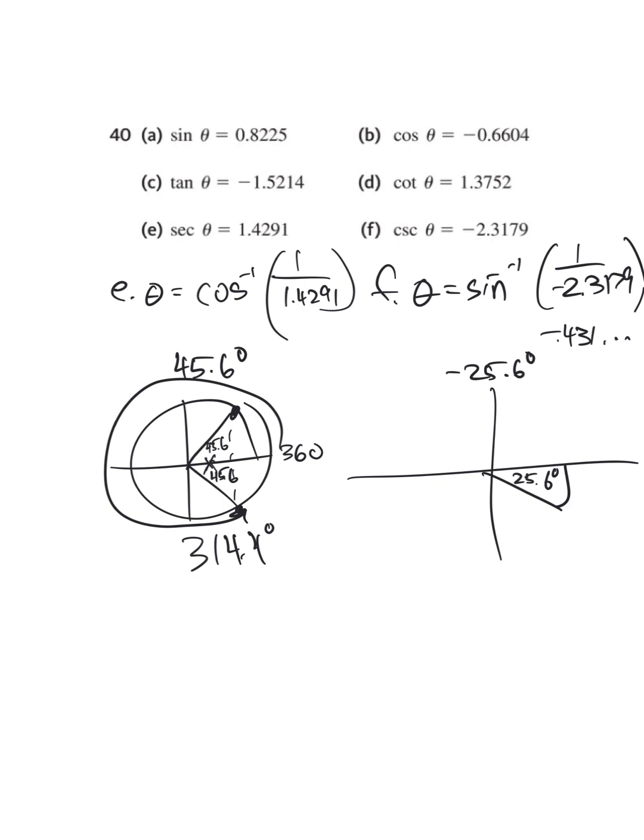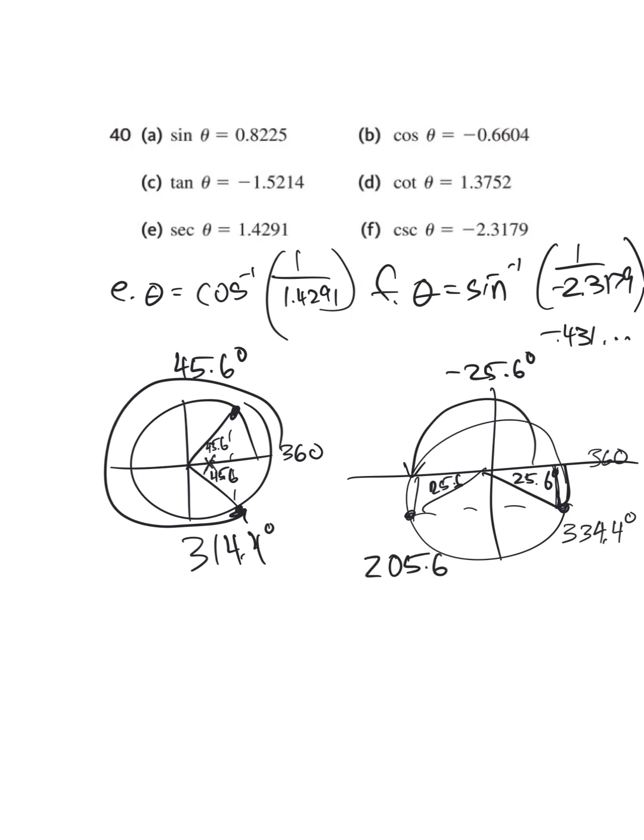And we want the y value. So this is our y value here, which is the same over there. How do we get those two values? Well, 360 minus the 25.6, and you get 334.4 degrees. And then how do you get to here? You take 180 plus the 25.6, and you get 205.6 degrees.